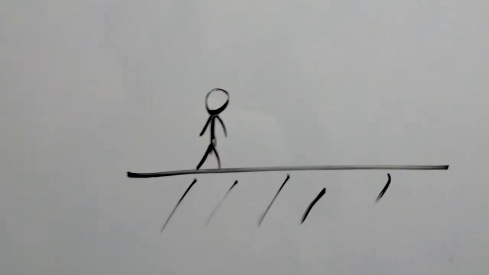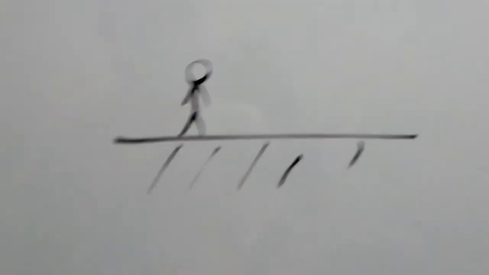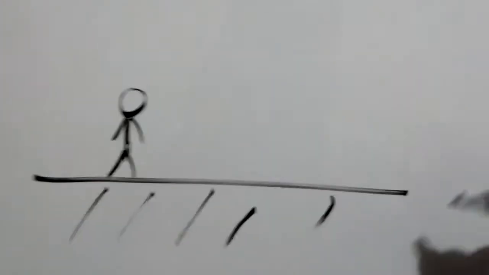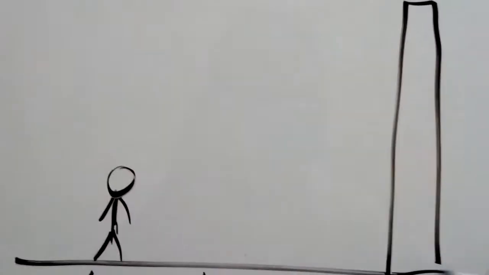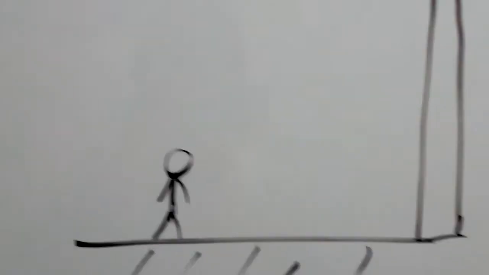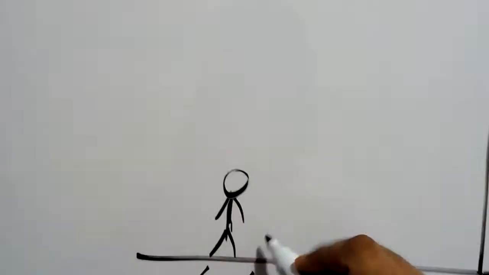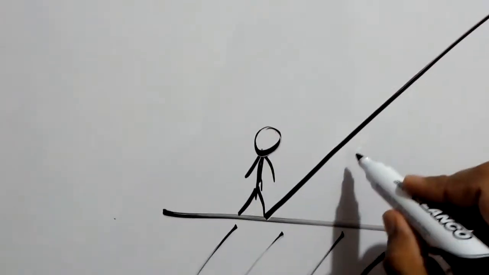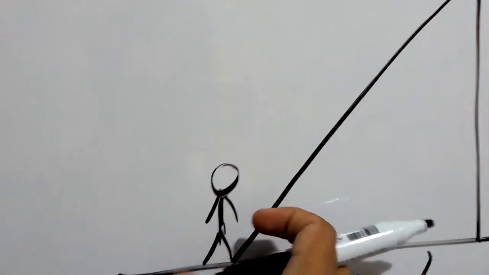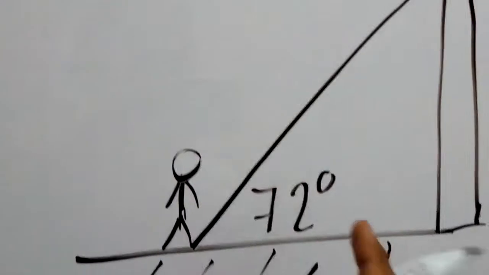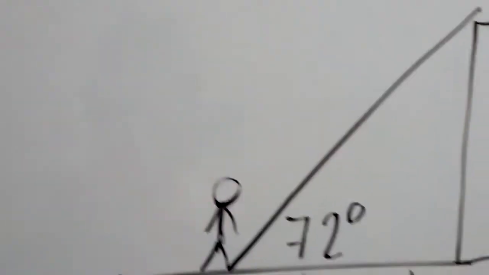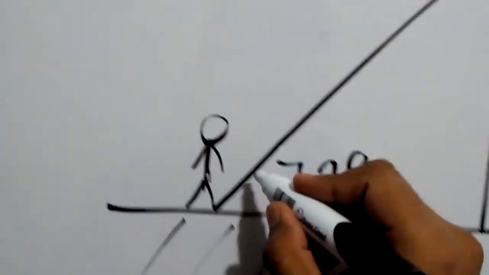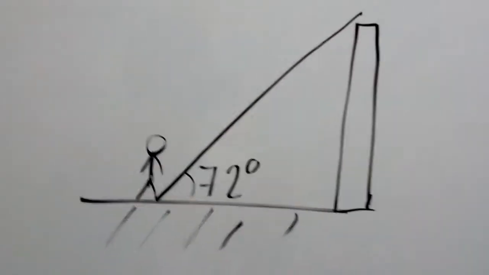So you can go straight forward and assume that the horizontal is just the ground, and you are seeing a tower, just a tower, and you are seeing the highest point of the tower, like this. This is the horizontal, and this is the highest point, and you are seeing the highest point with an angle of 72 degrees over the horizontal, just like that. So we pretty much have a first approach, a first drawing of it.